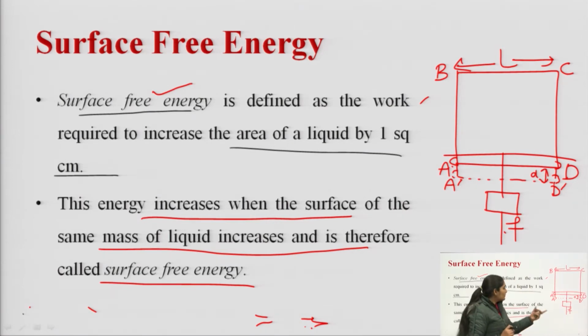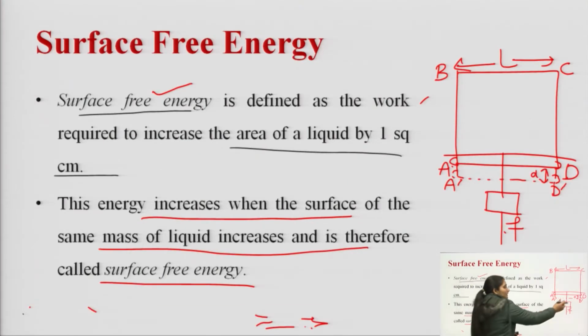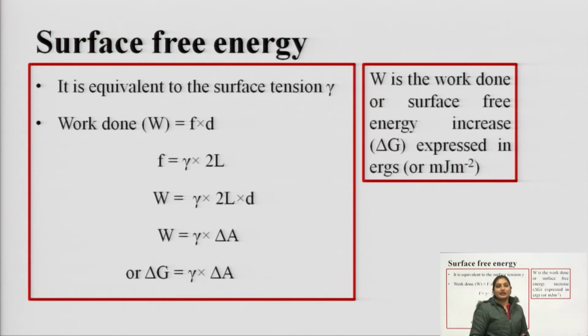And if force is applied on the AD arm, because of the downward component, it shifts the movable arm to A dash D dash. And work done is equal to force into distance. The work that we are doing will be equal to F into D.